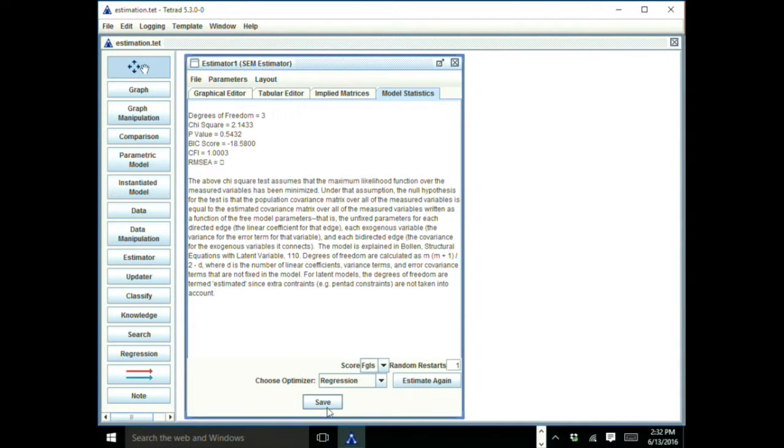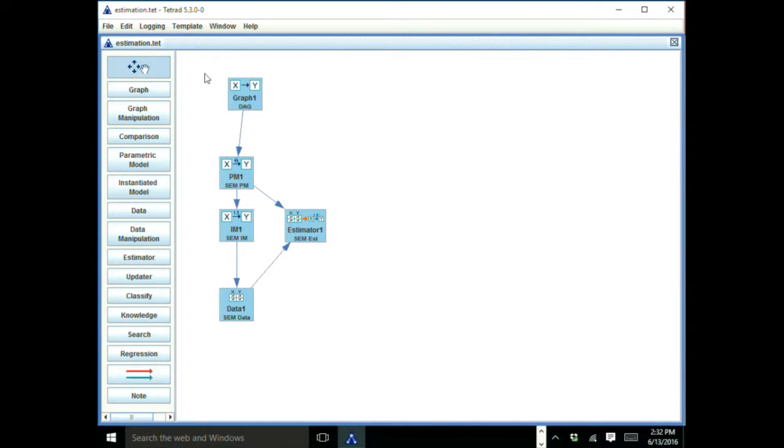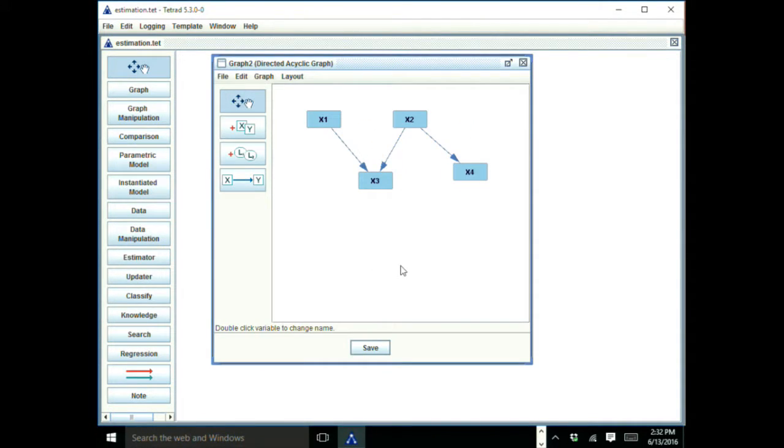All right. Now suppose I take this graph and I switch it.